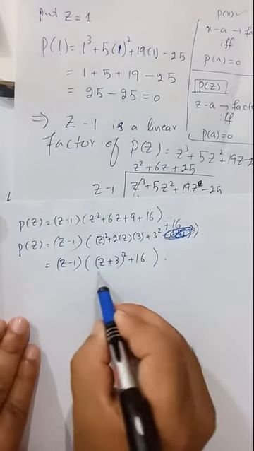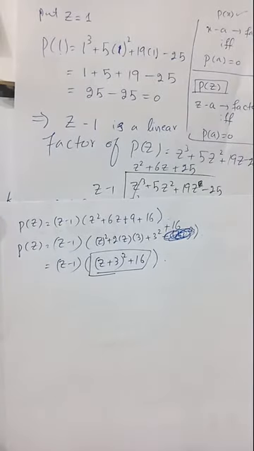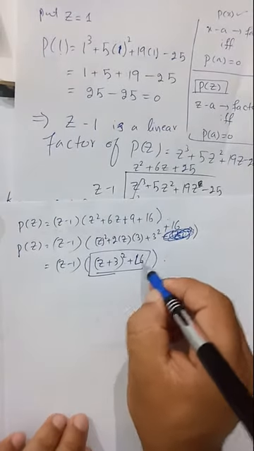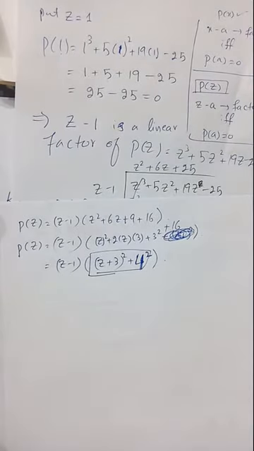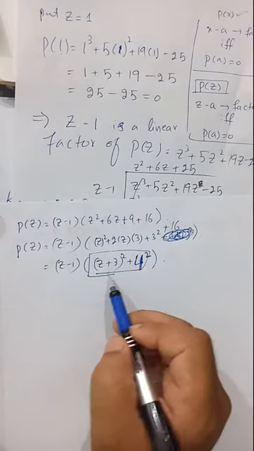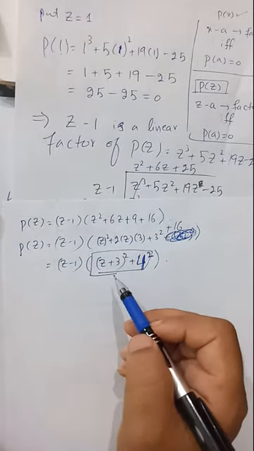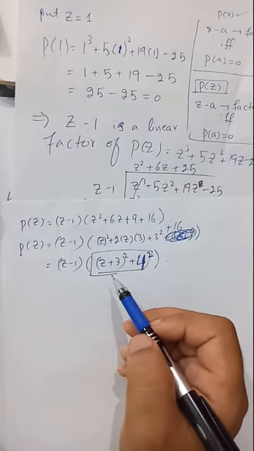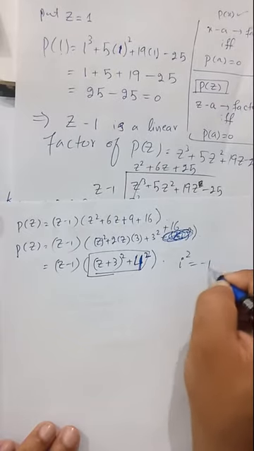So here, if you see, this is a polynomial of type A, z square plus a square. This 16 can be written as 4 square, and here this is z plus 3 whole square. So this is of the type A, and you know that type A polynomials are factorized into linear factors by using the fact that iota square is equal to minus 1.